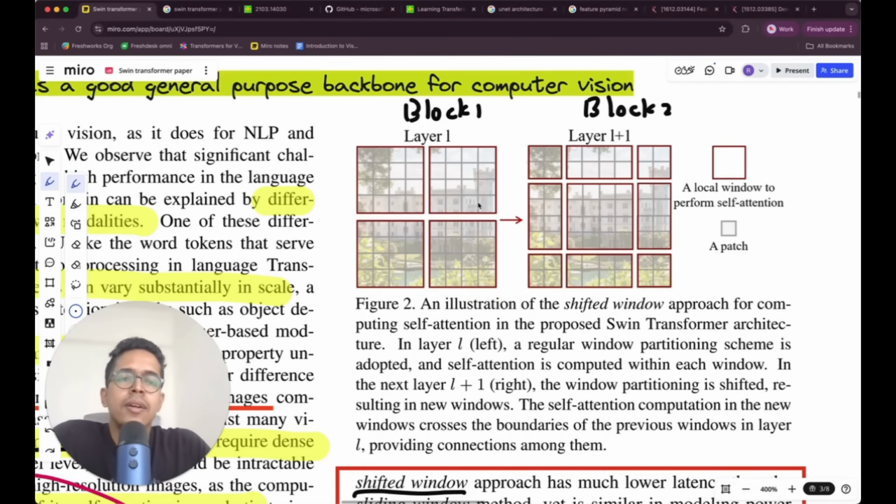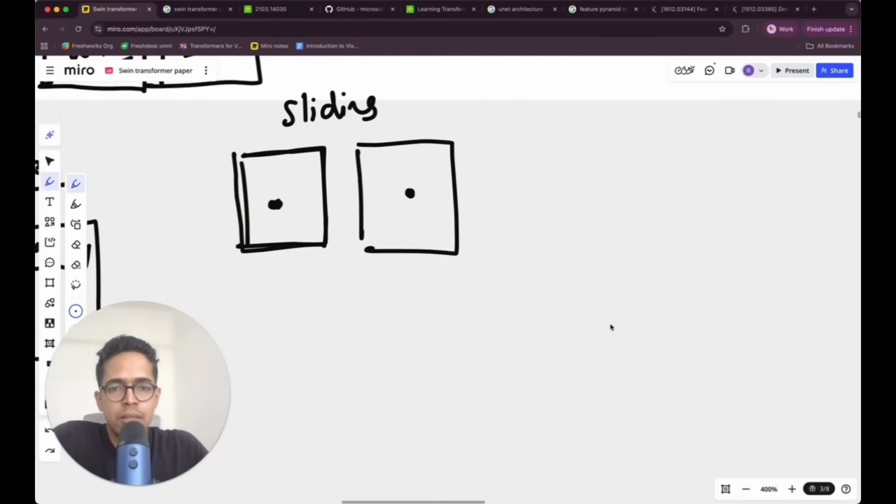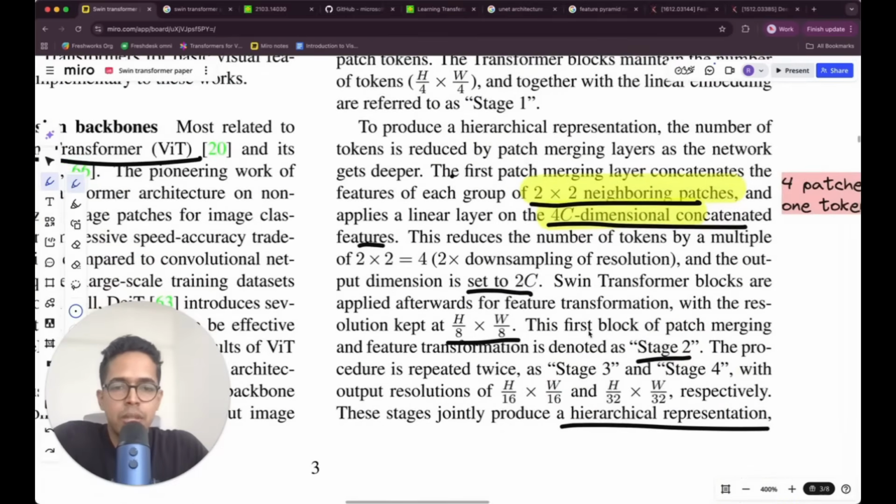Then every window is constructed using 4x4 patches. So totally you have 4x4 patches constructing one window, and like that you have 2x2 windows in one image. Totally 8x8 patches, and each patch is how many pixels? I'm not sure how many pixels make one patch.